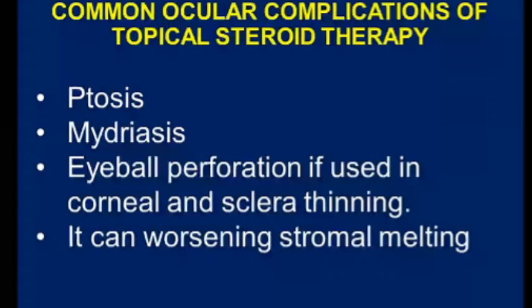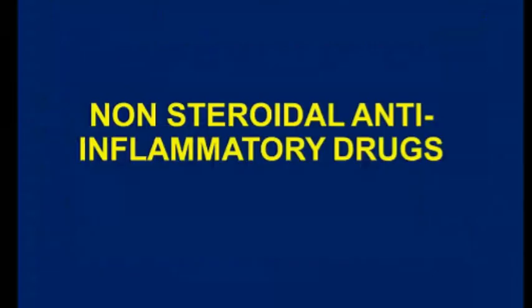If not, you put that cornea at risk of perforation because that region is already thin. So it can worsen stroma melting, cornea stroma melting. So now we are at the non-steroidal anti-inflammatory drugs.